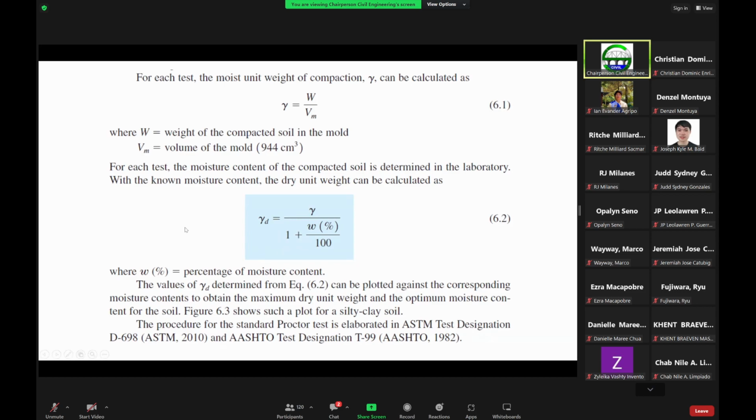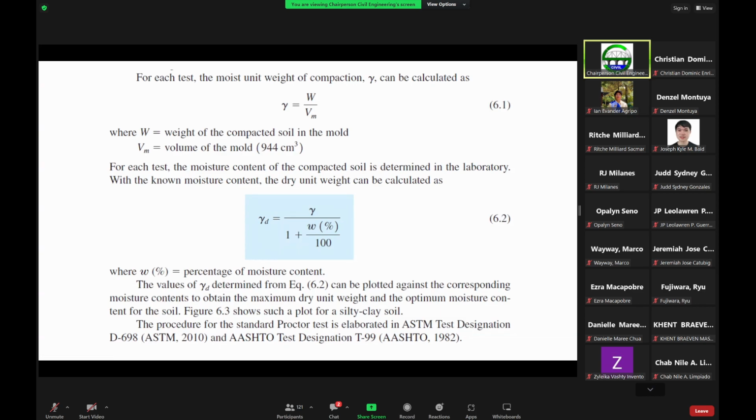Once we have a known moisture content, then the dry unit weight can be calculated as gamma sub d, which is equal to the moist unit weight, that's this one here, divided by 1 plus the percentage of moisture content, obtained in the lab after oven drying the compacted sample, divided by 100, just to have it in decimal. Let's call these equations 6.1 and 6.2. I don't know if it's still the same numbering in your book.